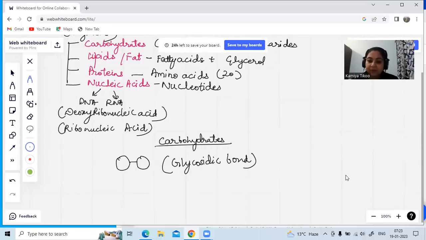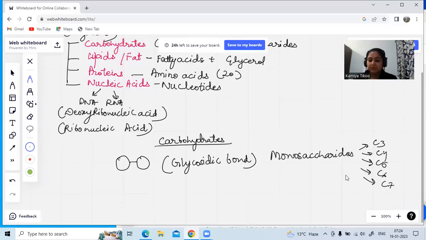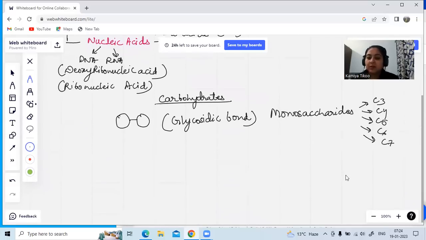Monosaccharides can be 3 carbon to 7 carbon: 3 carbon, 4 carbon, 5, 6, and 7. The most common one are 6 carbon.